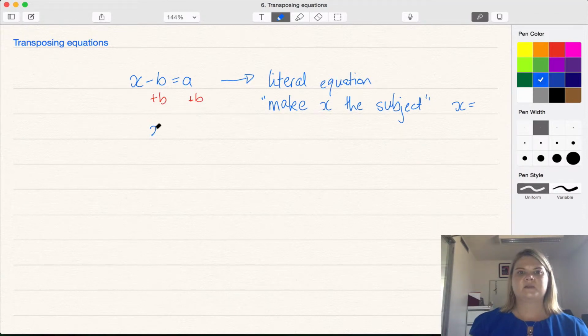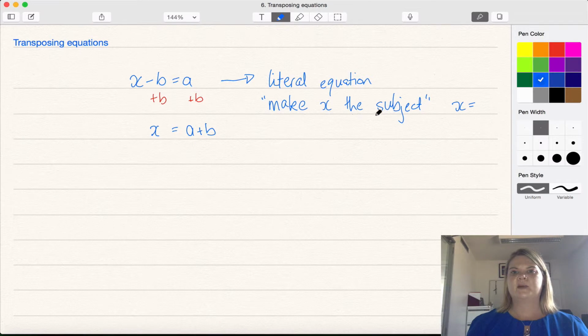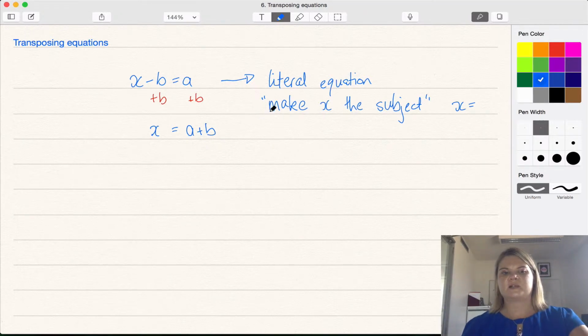These two cancel. We're left with X by itself equals, and these are not like terms, so we can't add them. So we just write it as A plus B. Have we made X the subject and put it in X equals form? Yes, we have. So that's what we need to do to make X the subject.